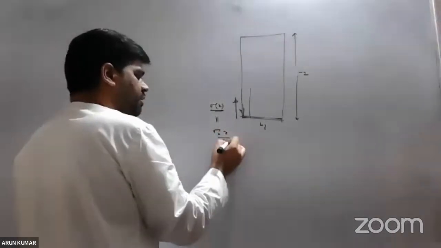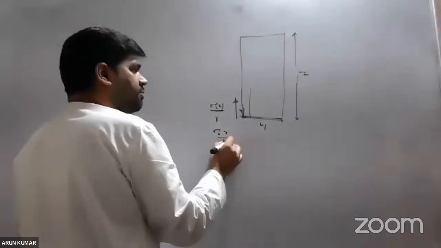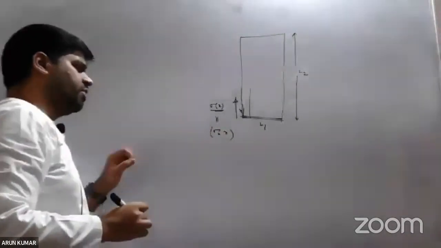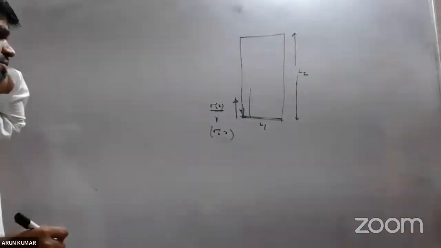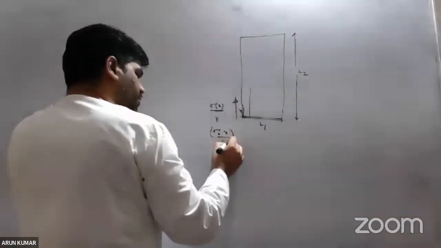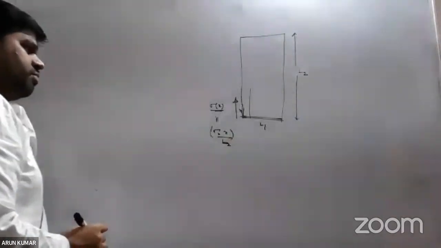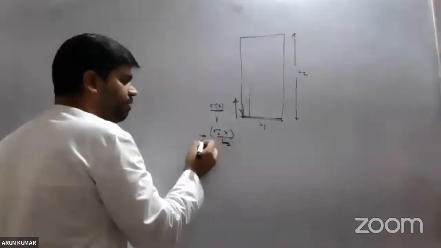Sigma naught into x by L2. Or let's say sigma naught into x. All right, some constant sigma naught into x. But for simplicity, let's make it L2. So this is the variation of sigma.